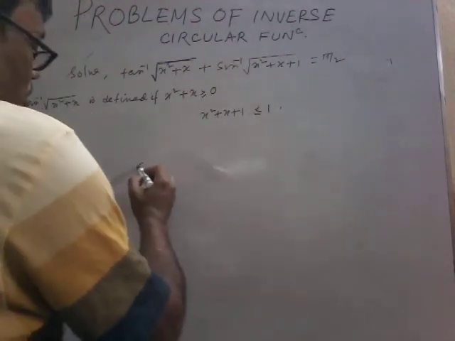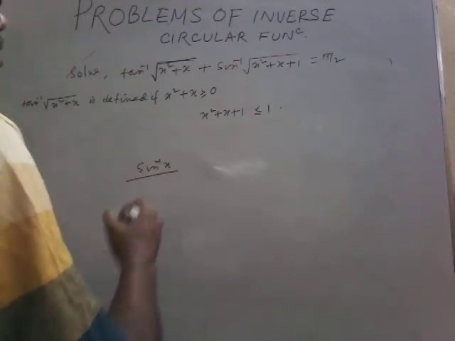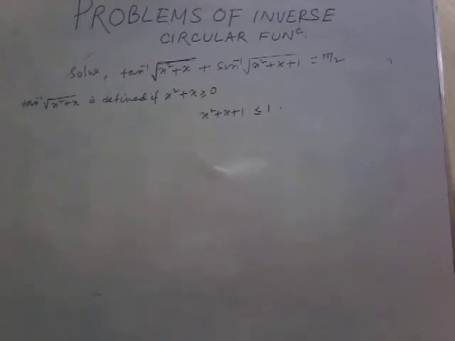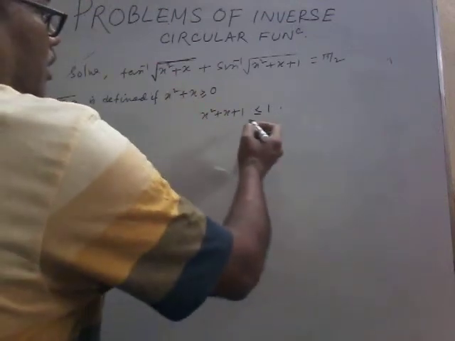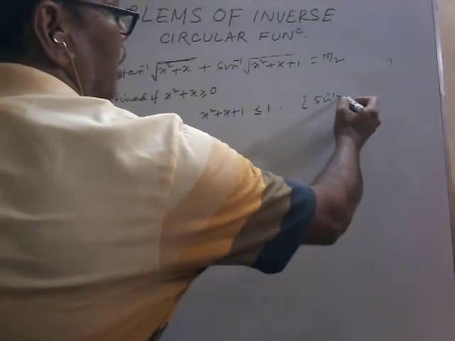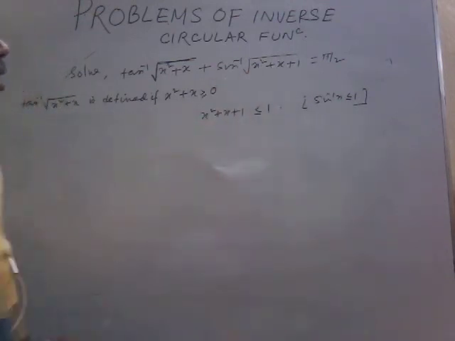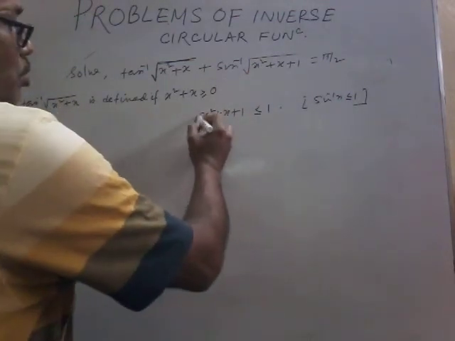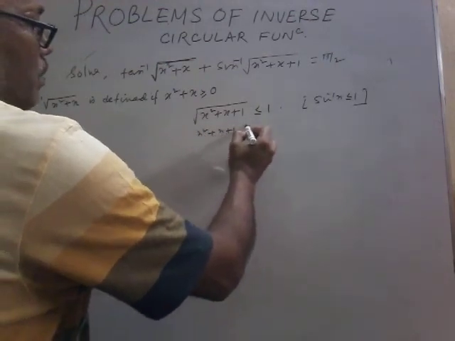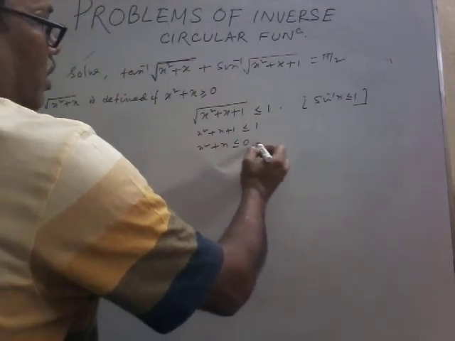Because look, this is our theory: sine inverse x, x lies between -1 and +1. So what we are getting is this argument less than or equal to 1, so root over this is less than or equal to 1. x square plus x plus 1 less than or equal to 1. So x square plus x is less than or equal to 0.